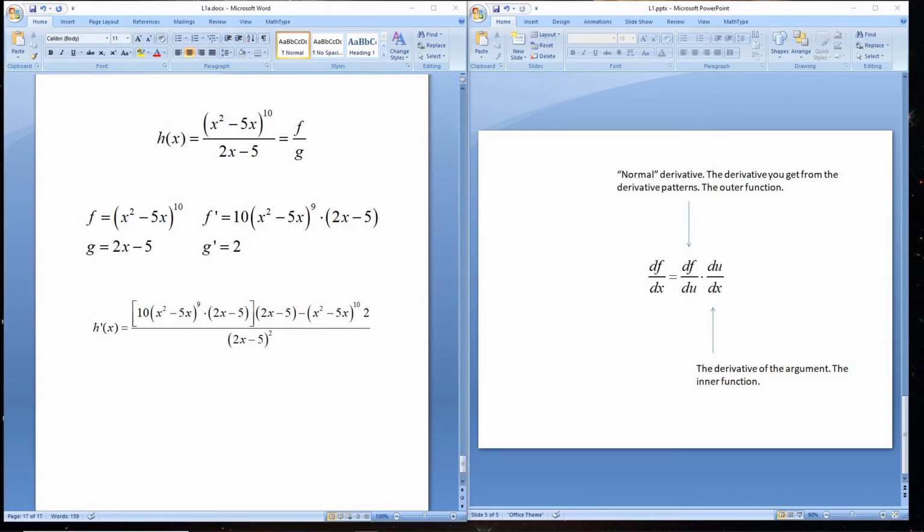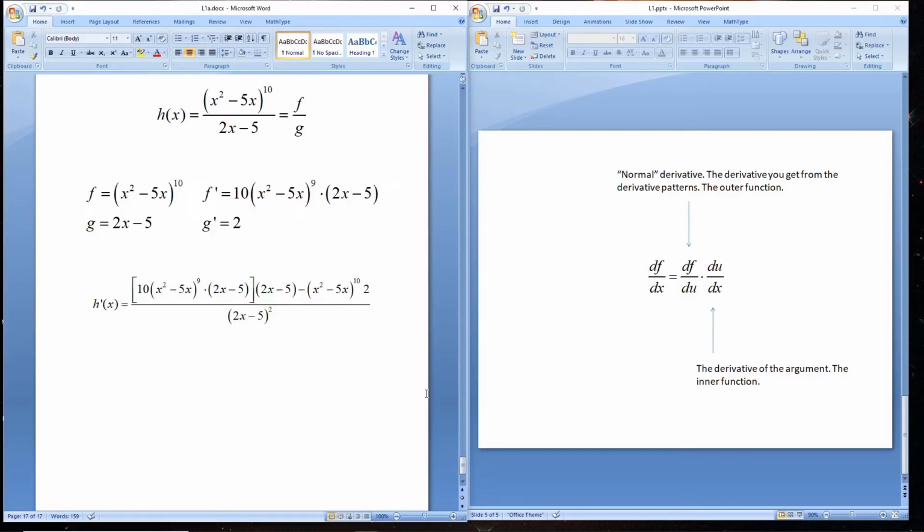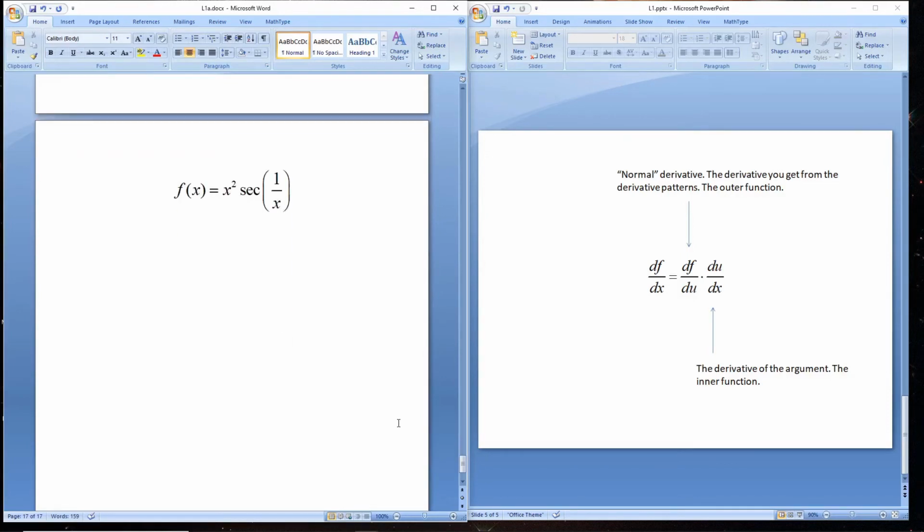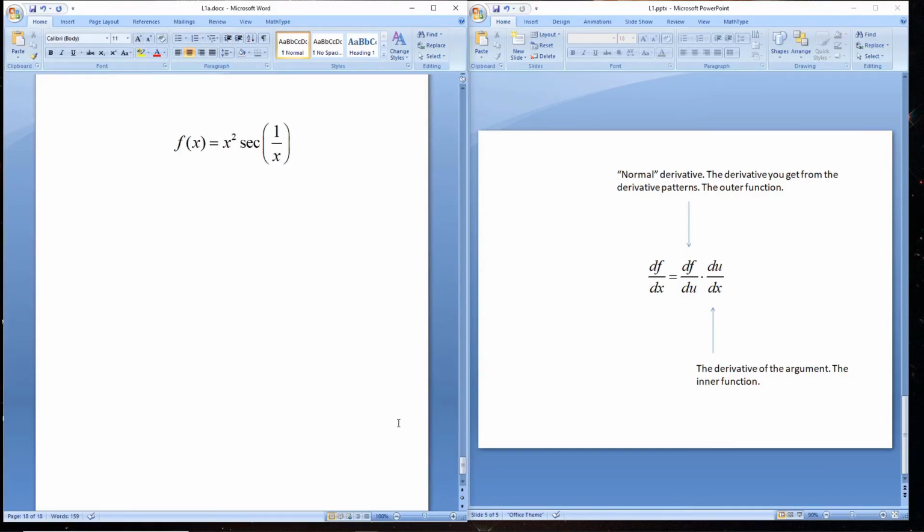So let's try another one. What do we have here? We have a power function, x squared. We have the trig function, secant. And 1 over x is another power function.